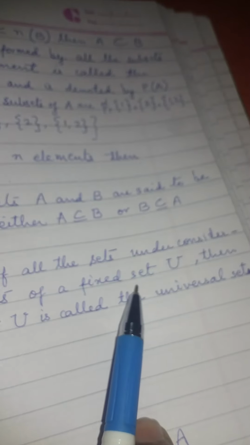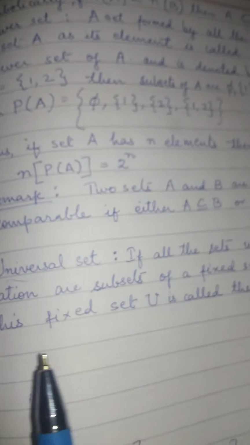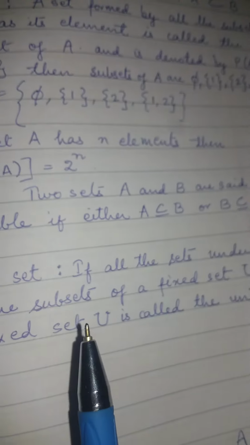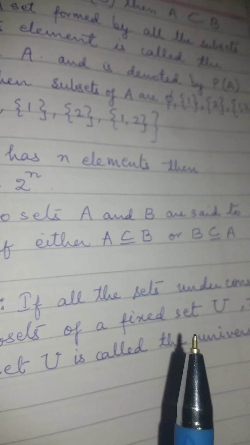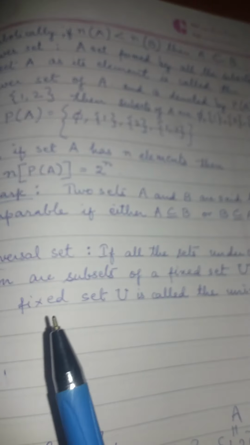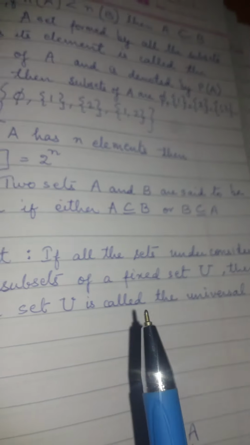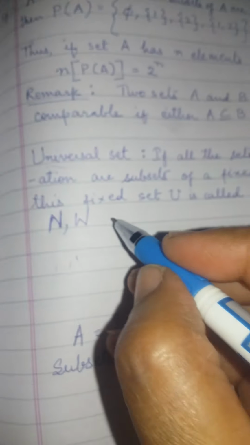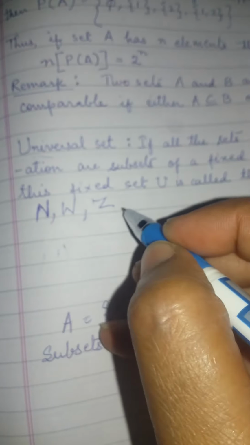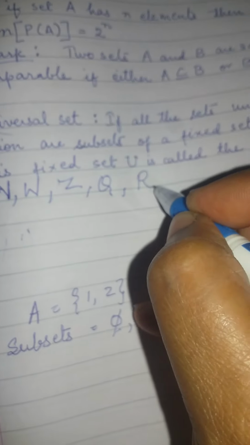If the sets under consideration, suppose I have taken a few sets in consideration and all are subsets of another set U, then we will say that the fixed set U will be called the universal set. For example, suppose N is the set of natural numbers, W is the set of whole numbers, Z is the set of integers, Q is the set of rational numbers, and R is the set of real numbers.